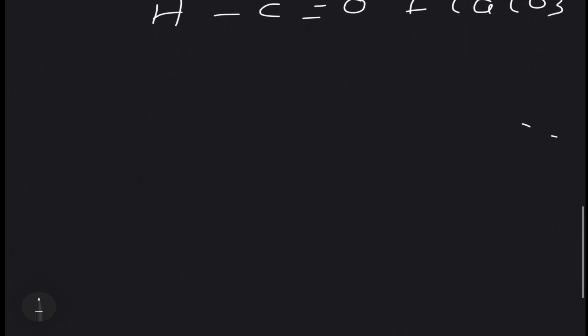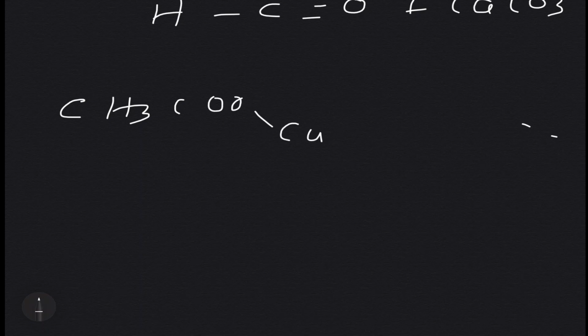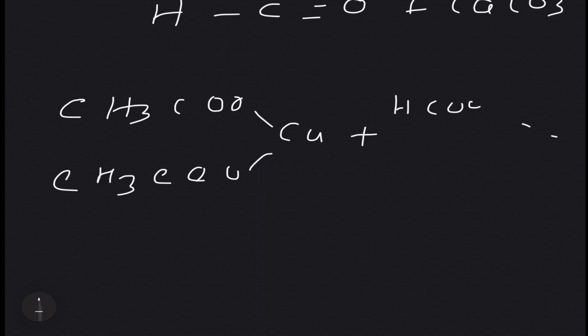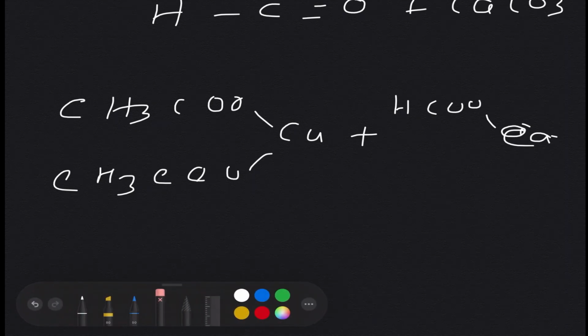Similarly, if you want to prepare acetaldehyde, then you have to go for a mixed method. That is calcium acetate, (CH3COO)2Ca, and you mix it with calcium formate.